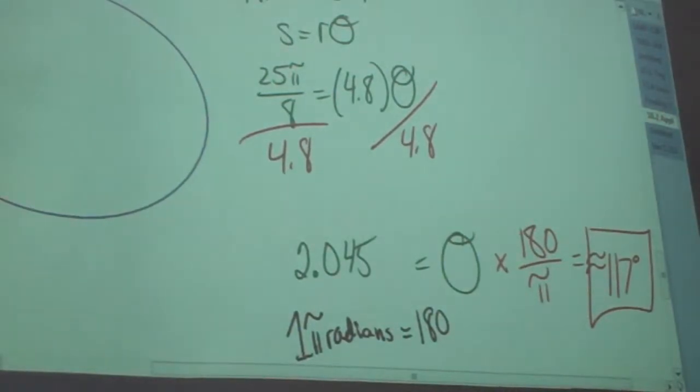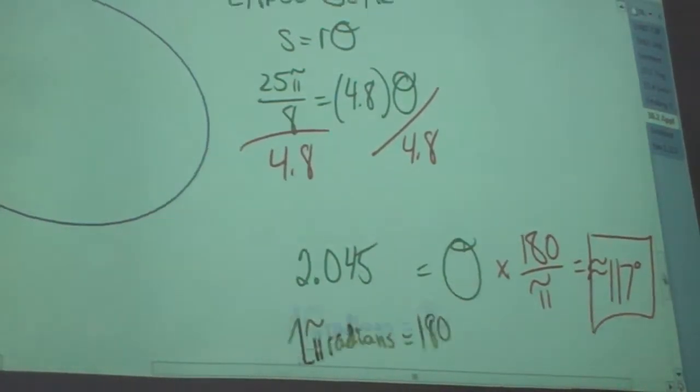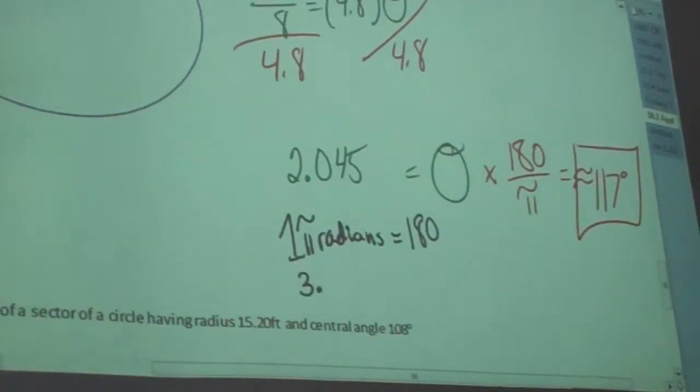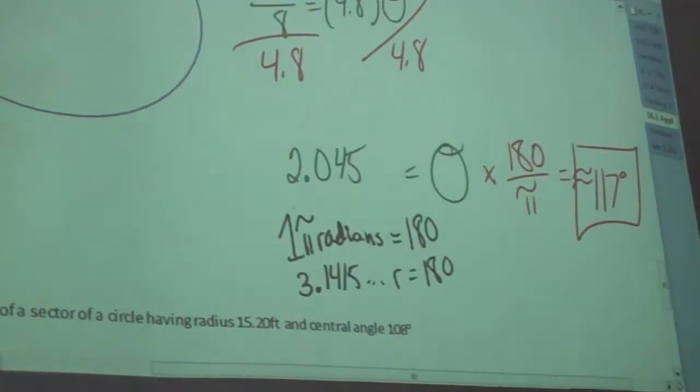When we talk about radians, you can keep it in decimal, or you can keep it as pi if it works out. But really, I'm going to approximate it. 3.1415 radians equals 180. So it's actually less than 1 pi. Does that make sense?